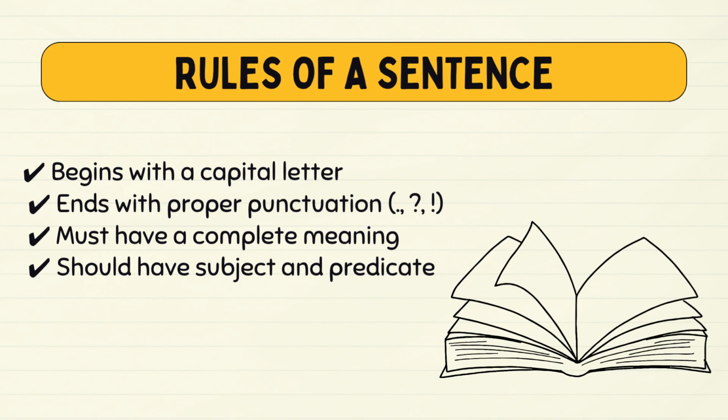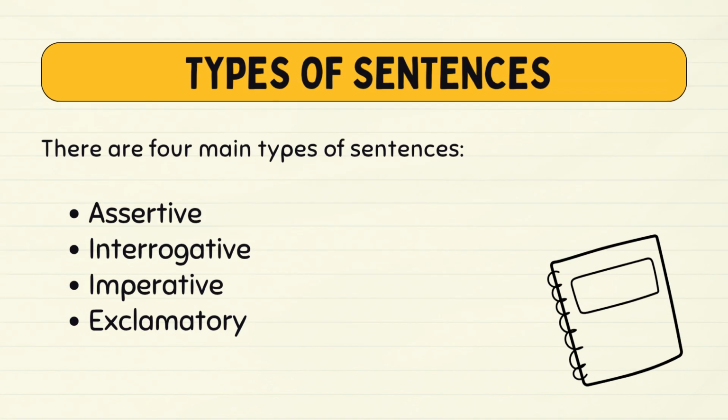It must express a complete thought and should have a subject and a verb. There are four main types of sentences in English. These are assertive, interrogative, imperative and exclamatory sentences. Let's understand each one with an example.